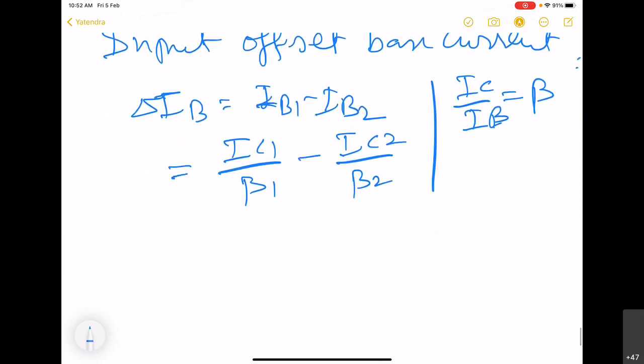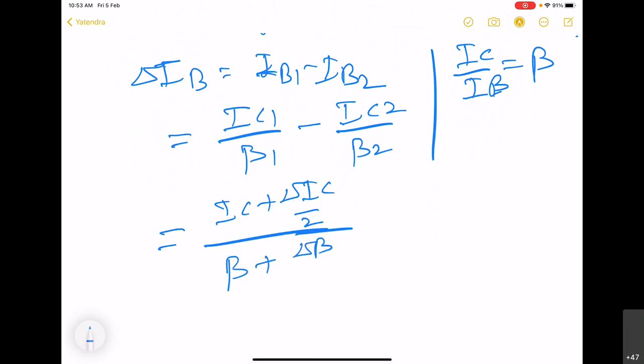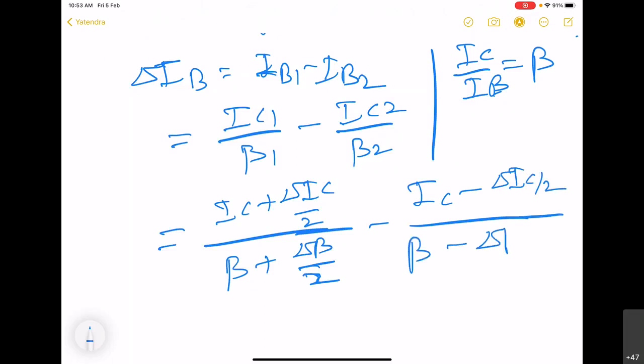So that is where we are talking about all these things. So here also once again IC plus delta IC by 2, similarly beta plus delta beta by 2, minus IC minus delta IC by 2 and beta minus delta beta by 2.